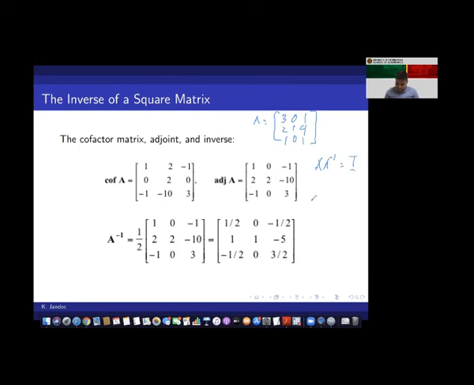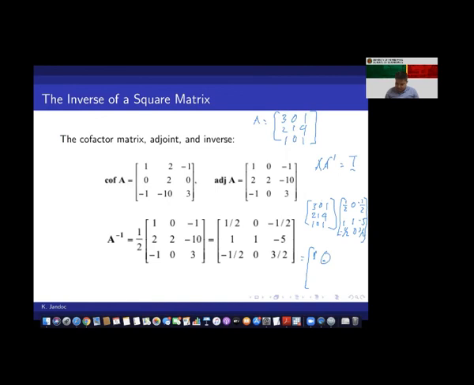So let's multiply 3, 0, 1, 2, 1, 4, 1, 0, 1 with 1 half, 0, negative 1 half, and then 1, 1, negative 5, and then negative 1 half, 0, 3 halves. If you multiply that, the first entry is 3/2 minus 1/2, which is 2/2, so this is 1. This entry is 3 times 0, 0 times 1 plus 1 times 0, which is 0.